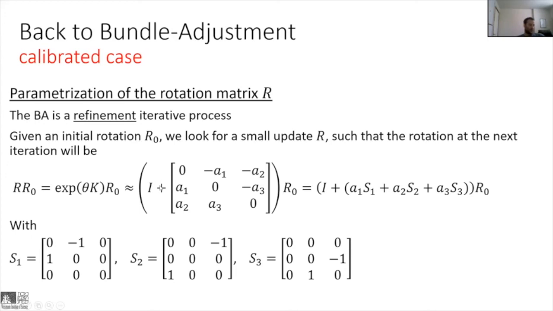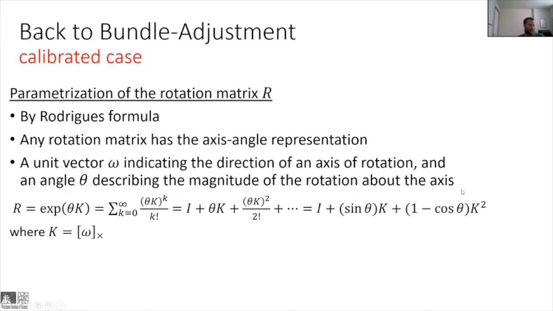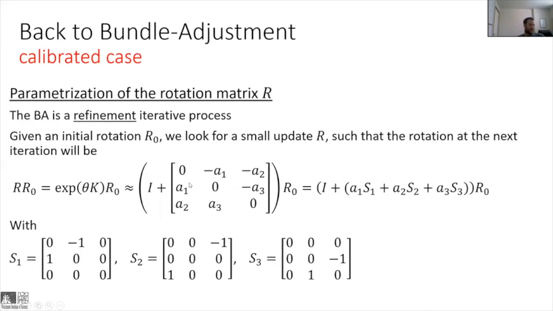So we can write it as the identity plus a skew-symmetric matrix, which has only 3 parameters because it's skew-symmetric.